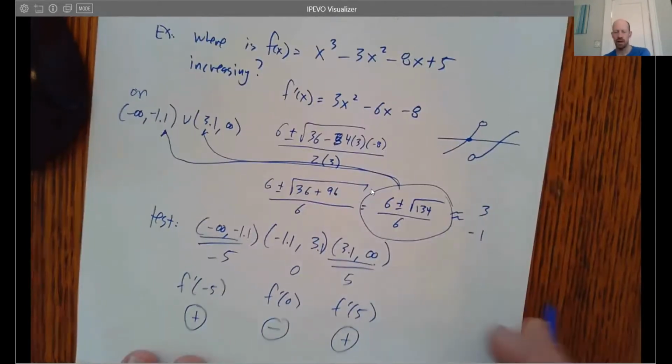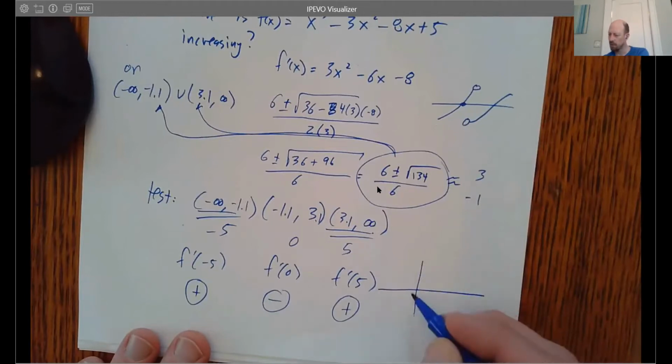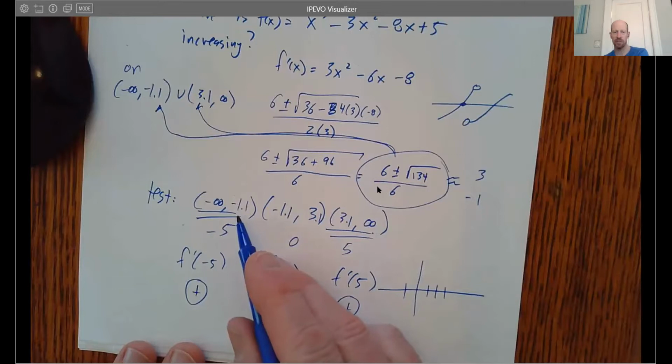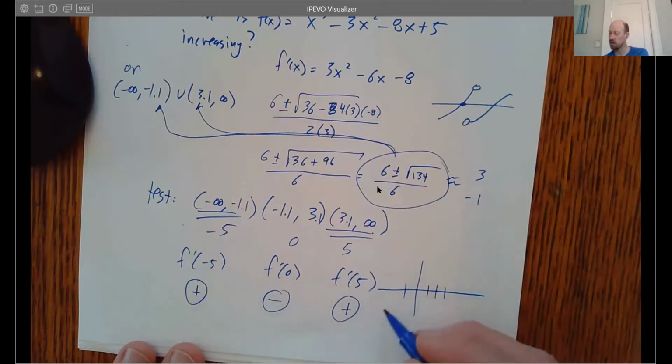Notice what else this information tells us about the graph. From minus infinity up to minus 1.1, the derivative is positive, so the function is increasing. Now, I don't actually know where that is.